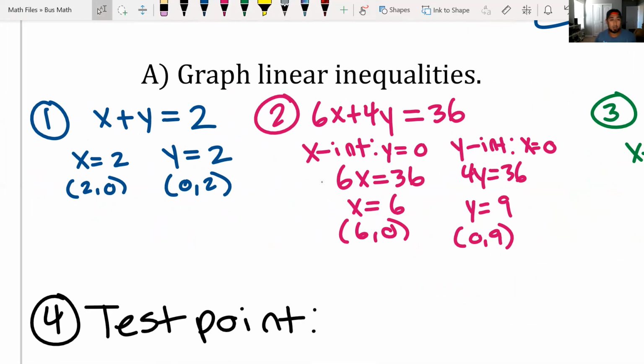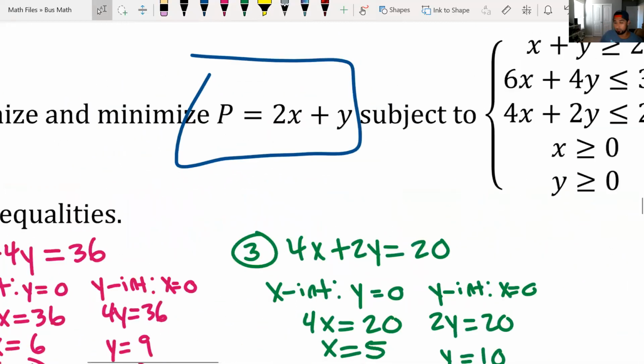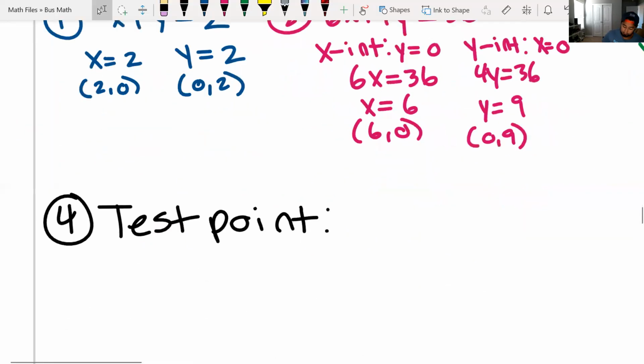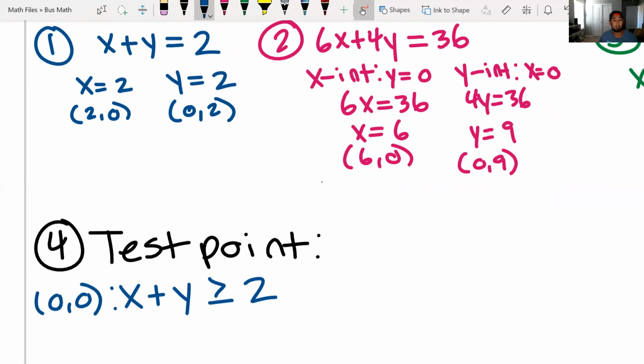And we'll start with 1. This is x plus y is greater than or equal to 2, and we're doing (0, 0), which means you get 0 is greater than or equal to 2, which is false.